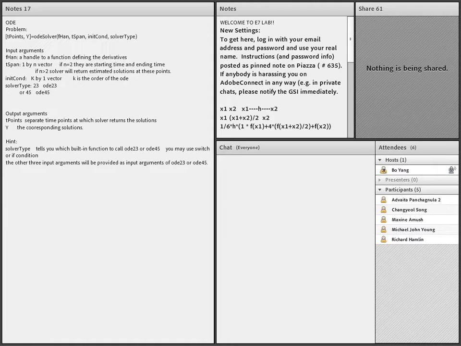And the second problem is asking you to define a function with no input argument.